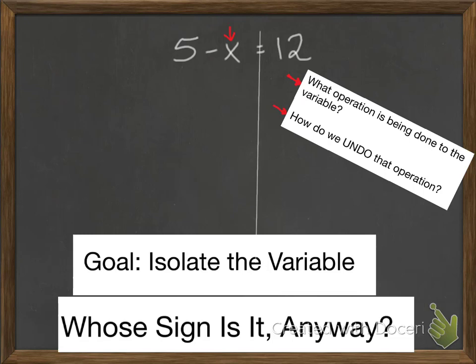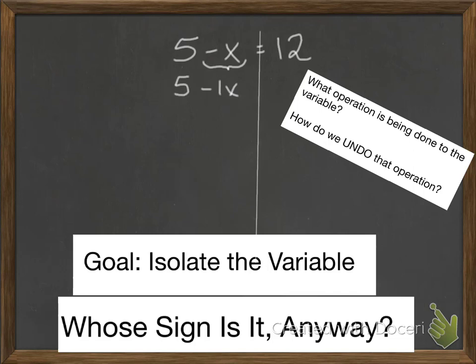So let's look at that 5. The biggest confusion here, usually for students, is to think about the signs. So my question to you is, who in that equation does the negative sign belong to? Does the negative sign belong to the x, or does it belong to the 5? Well, remember, the negative sign always belongs to what it's in front of. So this is actually negative x or negative 1x. And the 5, if we look in front of the 5, there's nothing here, right?